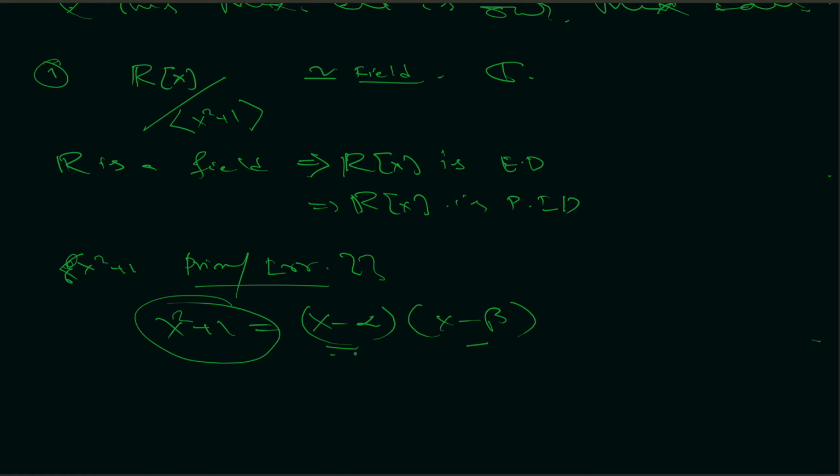But this element has no root in R, and if you can write this, then it has a root in R, which is not possible. So one of them has to be a constant polynomial. This implies that x square plus 1 is irreducible. This implies that x square plus 1 is prime.